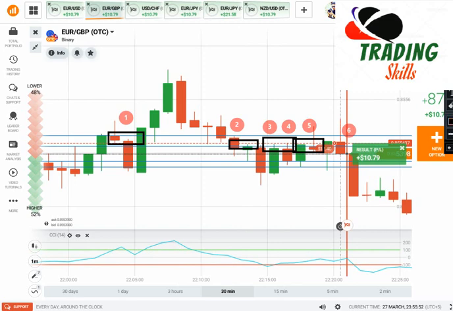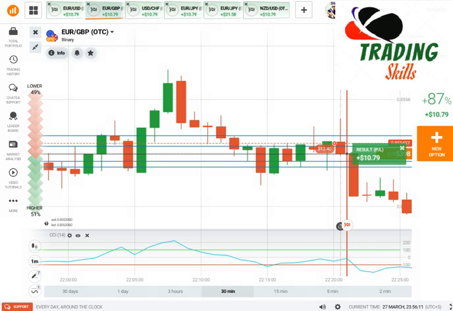So you can see this is your resistance, resistance as support, resistance as support, resistance. So you have here 7 levels, therefore you can take your trade by analyzing the market easily.